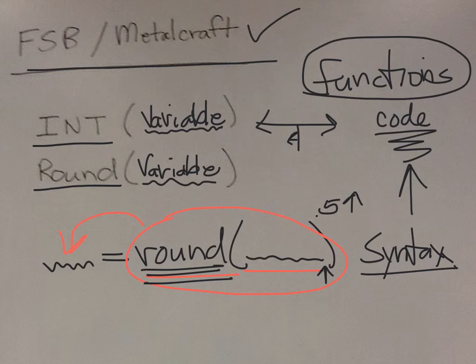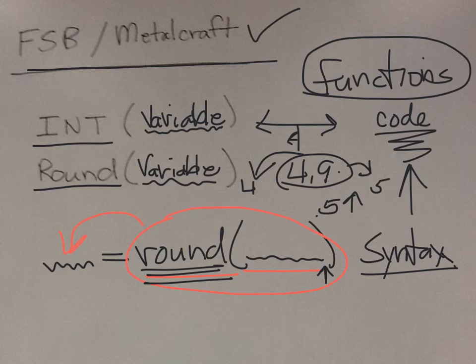So that's different. If you had something like 4.9 and took the integer of that, that would go back to 4. Whereas if you rounded that, that would go to 5. Alright? So we have these two functions.